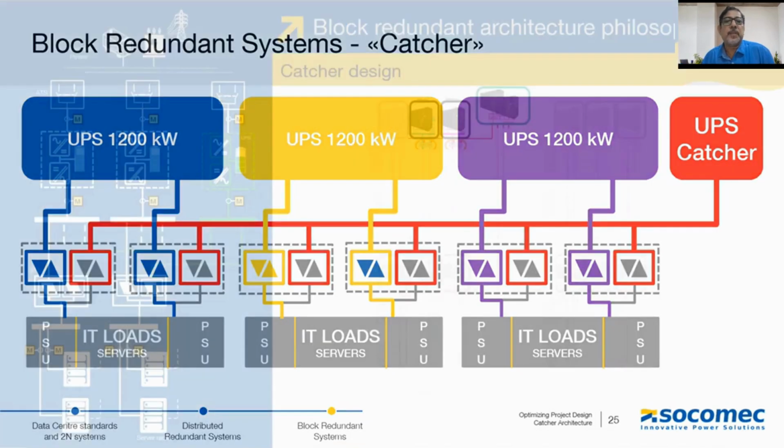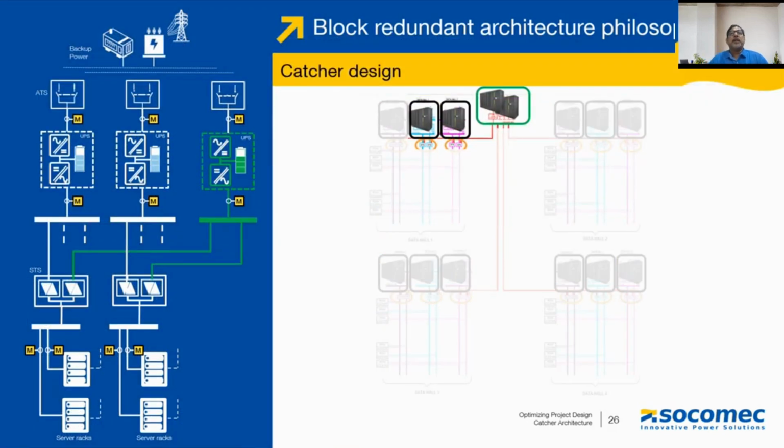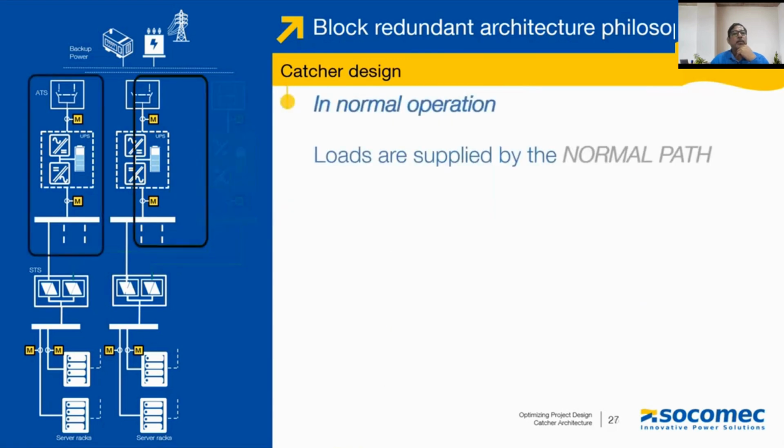Typically, in normal mode, you have these UPS systems A and B supplying the particular loads through the static switch as a normal operation.